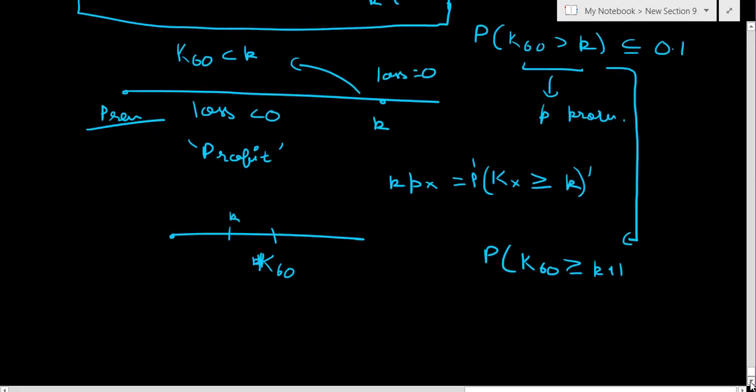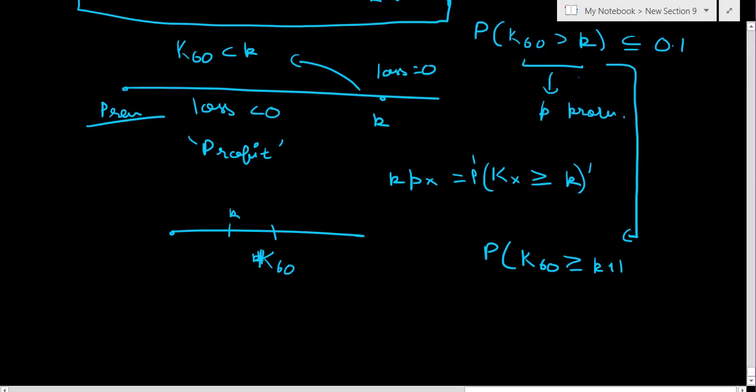I hope this makes sense to you, because if K60 is to be greater than k, what's the next value for K60 after k? The next value is k plus 1, right? So to be greater than k, it can be k plus 1 or more. That's what it means, right? Because curtate lifetimes can take integer values only. So it can be greater than or equal to k plus 1. Okay, so that should make sense now. This is less than 0.1, right? So now this can be transformed in terms of the p probabilities.